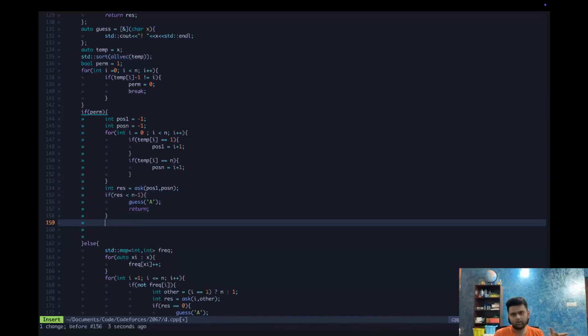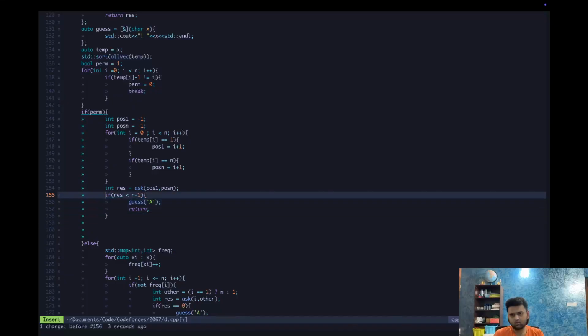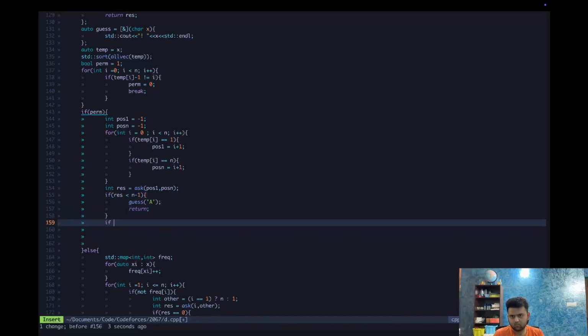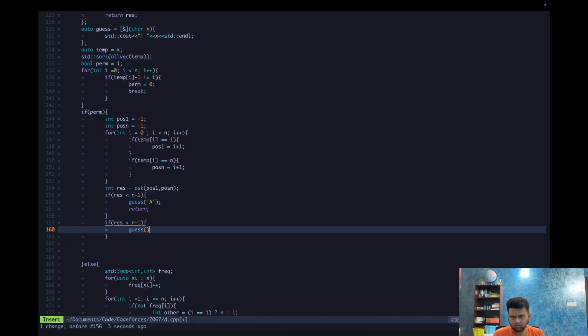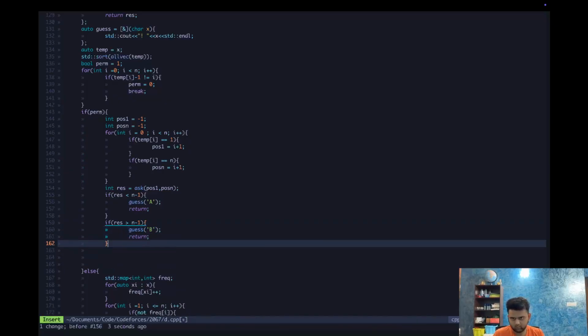So the equal or greater. Is greater than n minus 1. Yes, b return.